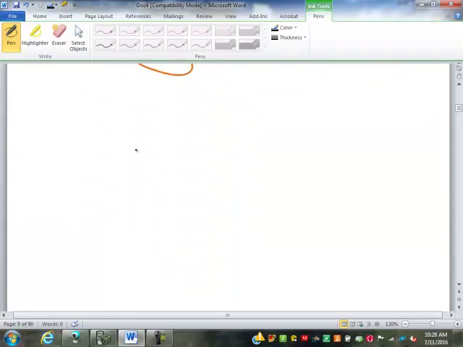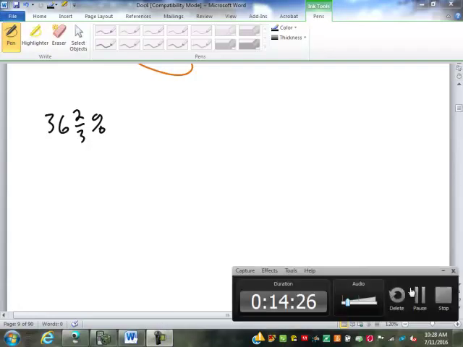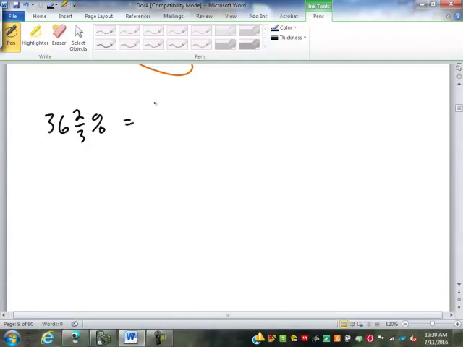So what if I have 36 2/3%? In your notes, try to convert that into a fraction for me without a percent. So this will become 36 2/3 over 100.